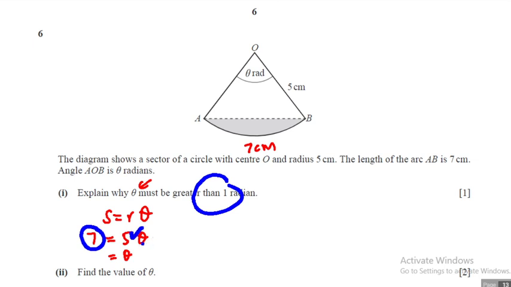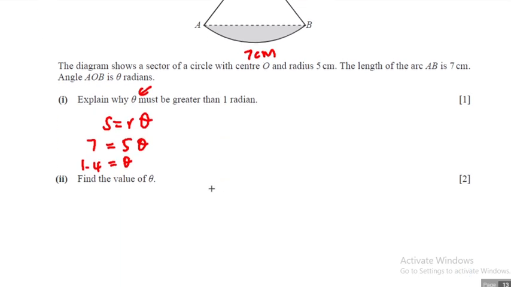To explain why, well, they didn't ask us to find theta, but I will just find it first, maybe I need it later on. So theta is 7 divided by 5, which is 1.4. But we need to explain this. How do I explain this?